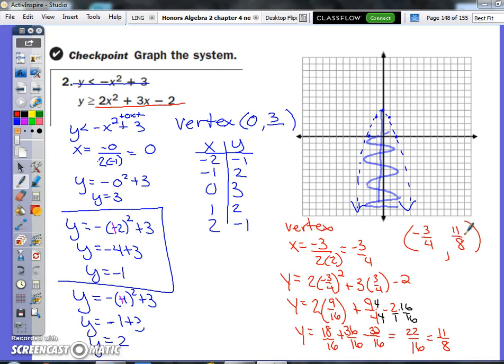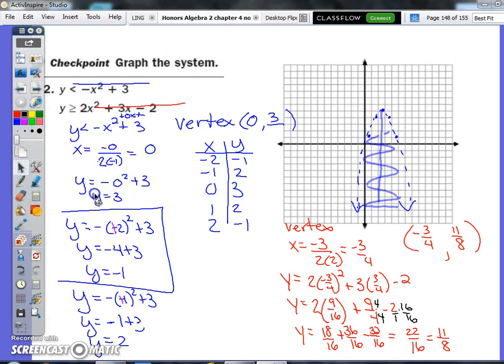Not pretty, not pretty. You might want to get a calculator, use some decimals. And it's okay. Just double checking my math. Up to 2, 8, good. 9/16, 3/4, 9/4, 32, 6. Okay, looks good.